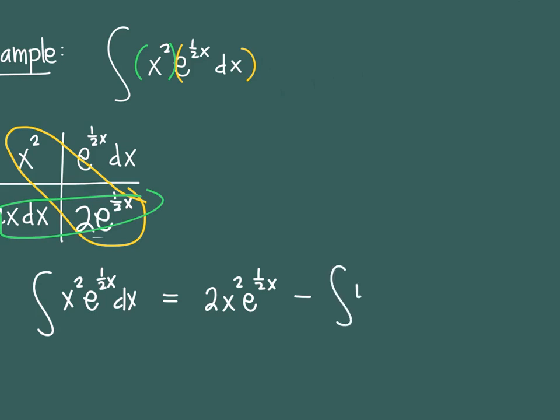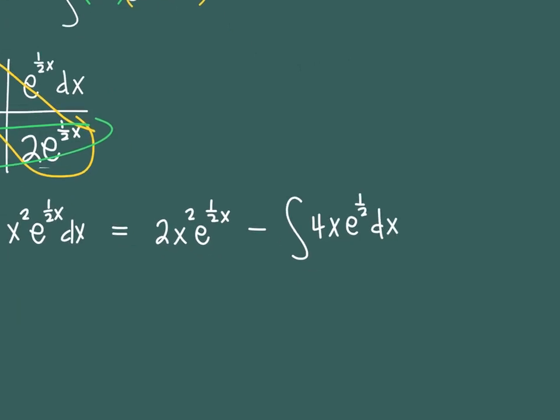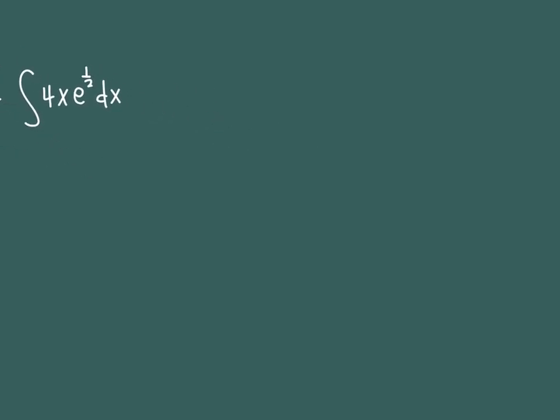So overall, I'm going to have 4x e to the half x dx. Which should be integrable, but it's not because it's still a product, so we're going to have to do it again. We have to repeat the process just on that part.